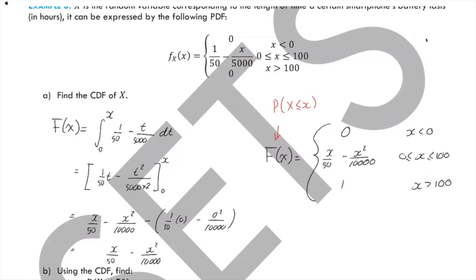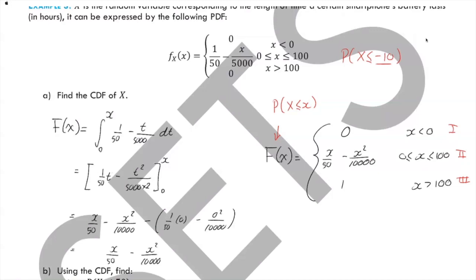So if I want to find the probability x is less than or equal to -10, which part of my CDF am I going to be looking at? 1, 2, or 3? Which domain does this -10 sit in? The first one, right? What's the probability x is less than or equal to -10? It's 0, because it's not defined there at all.